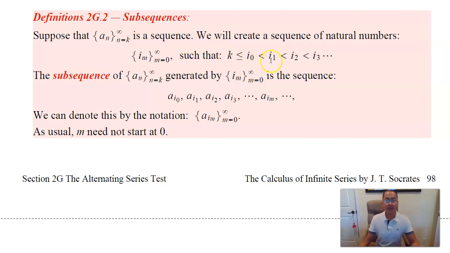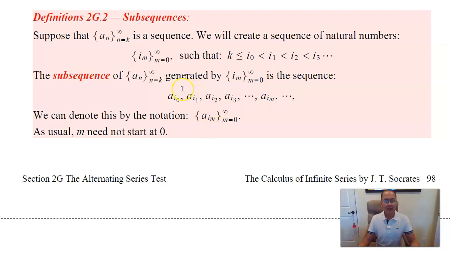And then we will pick another natural number, i sub 1, another one, i sub 2, another one, i sub 3, and so on. Now, this new sequence, i sub m, will generate what is called a subsequence by using these as the index, the value of the index n. In other words, we will look at a sub i0, a sub i1, a sub i2, and so on.